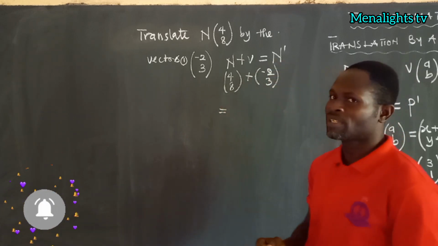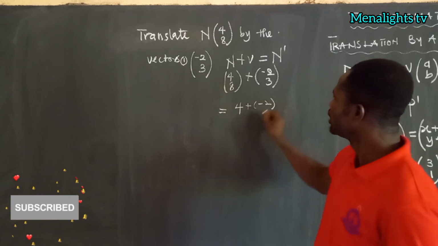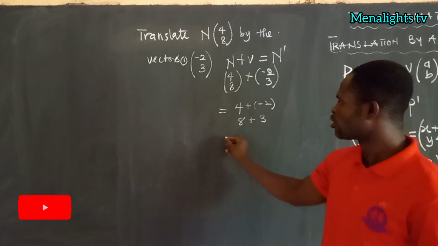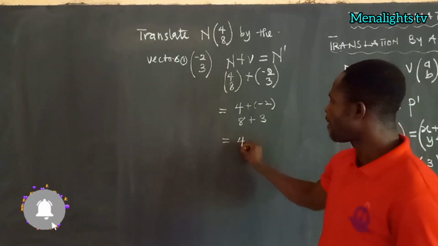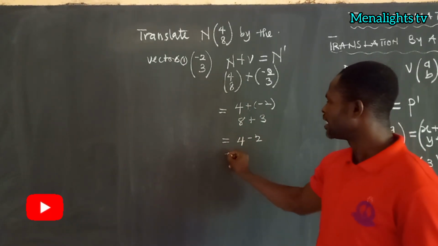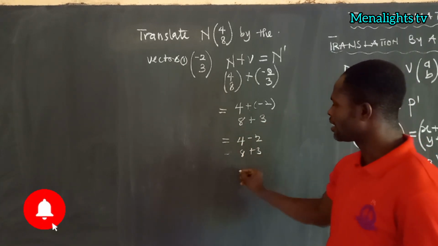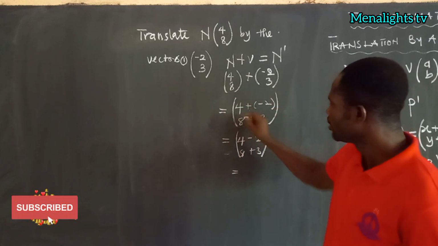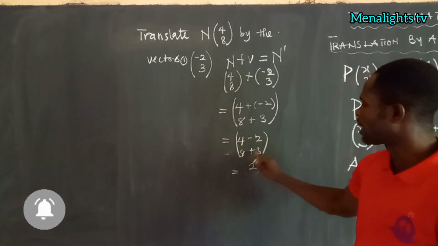So this becomes 4 plus negative 2, then 8 plus 3. So 4 plus negative 2 becomes 4 minus 2, then 8 plus 3 stays 8 plus 3. Then 4 minus 2 will give us 2, and 8 plus 3 will give us 11.